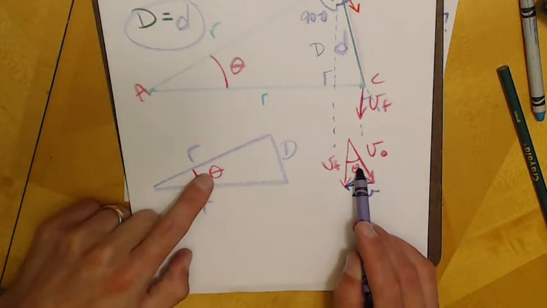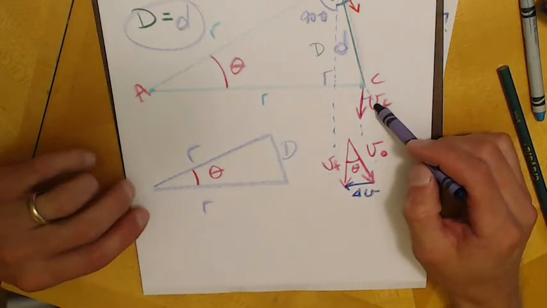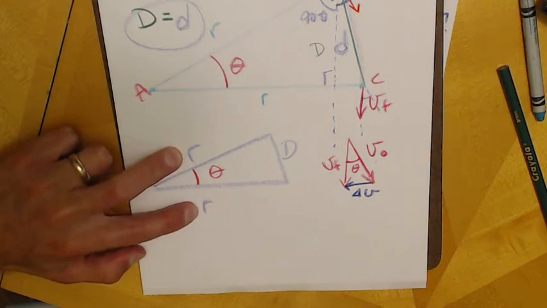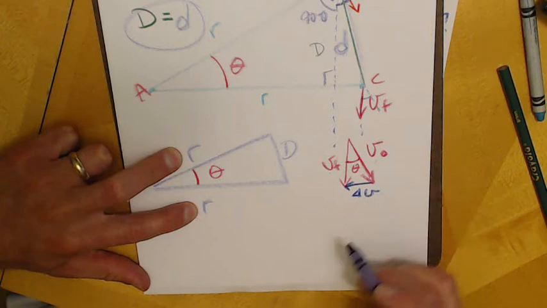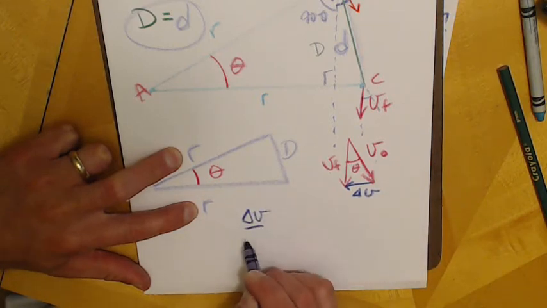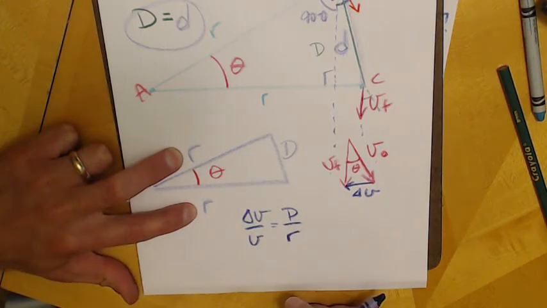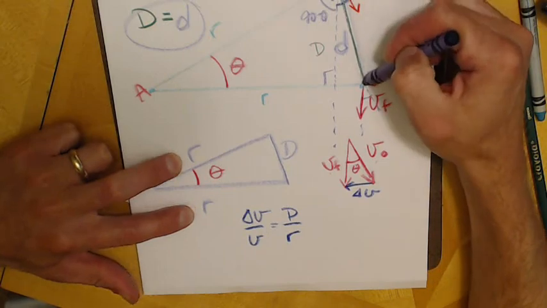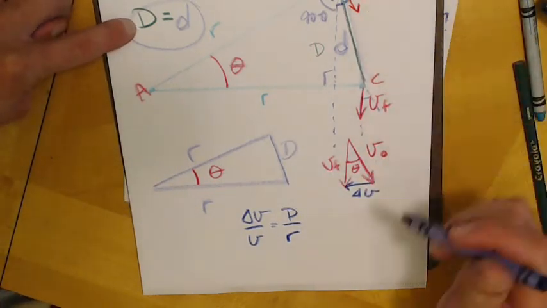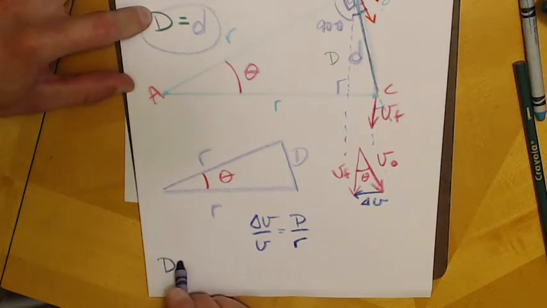Now I have similar triangles. Because they're isosceles triangles, V initial and V final are the same because the speeds are the same, and the radii are the same. So the ratio of delta V over V is the same as capital D over R. This distance it travels, because they're both functionally the same, is the velocity times the time.